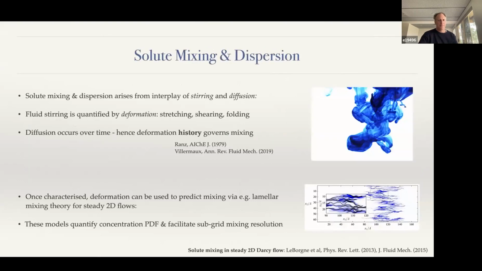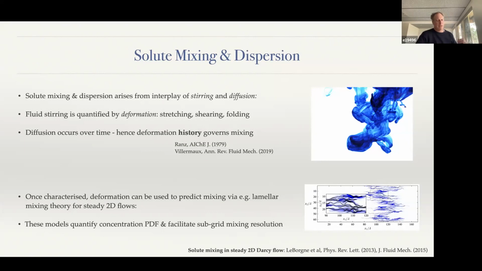And so to present that, we're going to look at the basic physics of solute mixing and dispersion. So solute mixing and dispersion essentially comes from the interplay of stirring and diffusion. Fluid stirring can be quantified as deformation, stretching, shearing, folding of material elements, and diffusion is occurring concurrently with that over time.